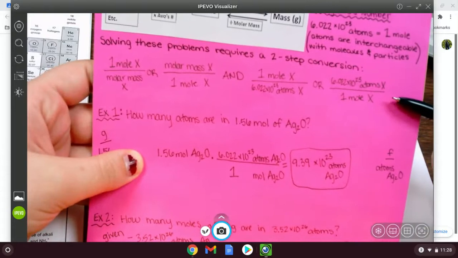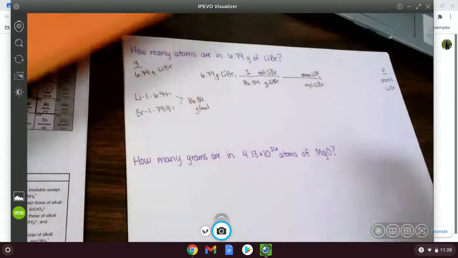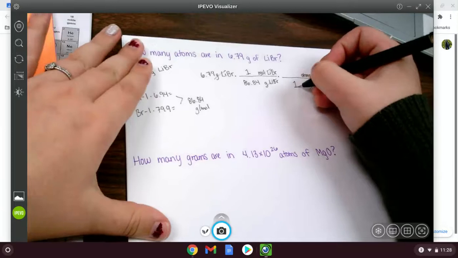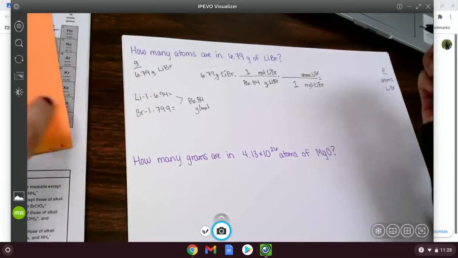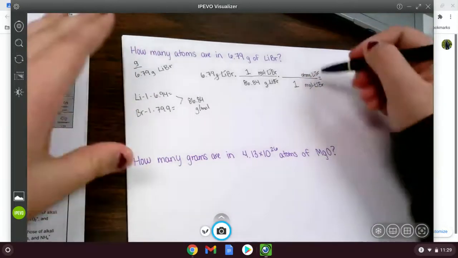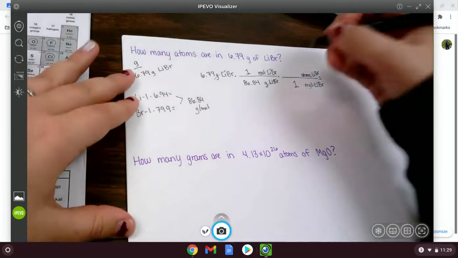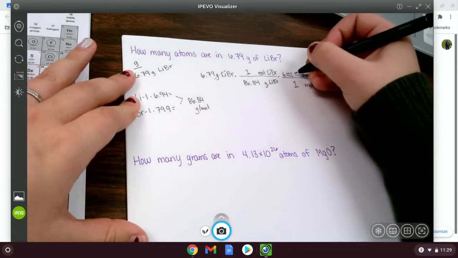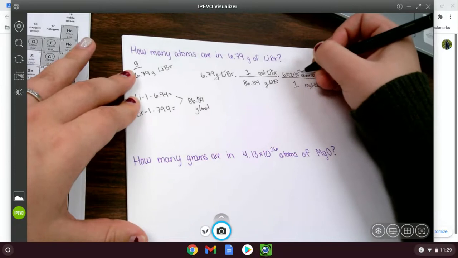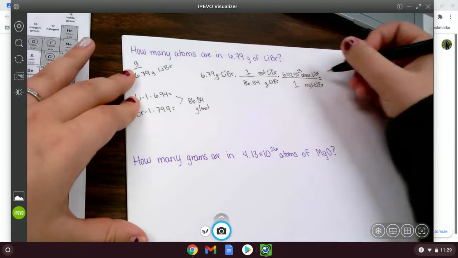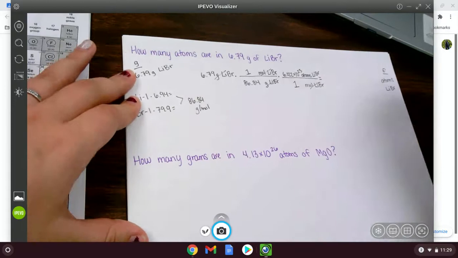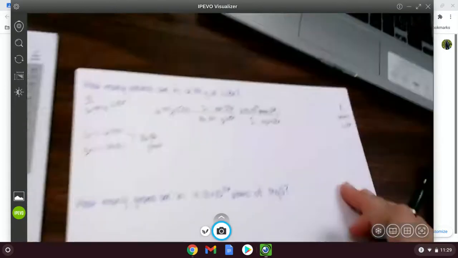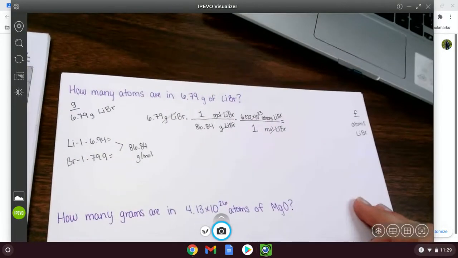Remember, the number 1 always goes with mole for right now. 1. And every single time, no matter what, when you're solving for atoms, 6.022 times 10 to the 23rd always goes with atoms when it's in your equation. Okay, so this is set up like this.